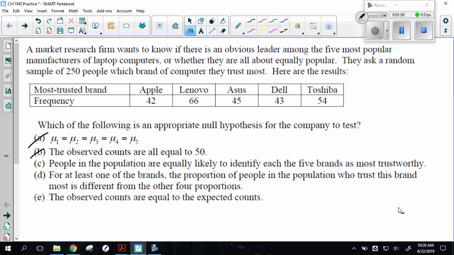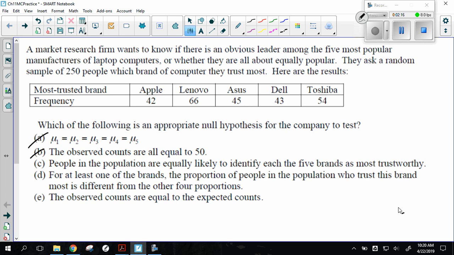For at least one of the brands, the proportion of people in the population who trust this brand most is different from the other proportions. That looks like an alternative hypothesis, right? Our null hypothesis is always going to be that this distribution is even, right? That there's no difference.